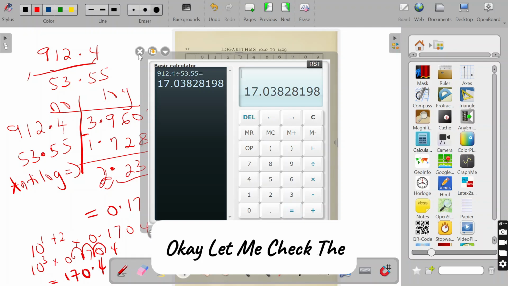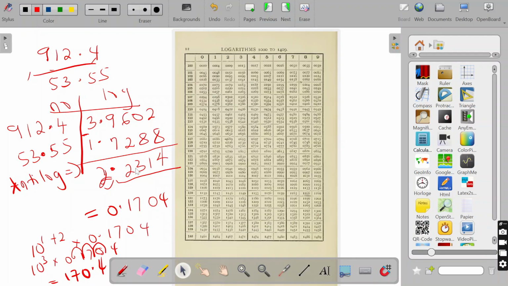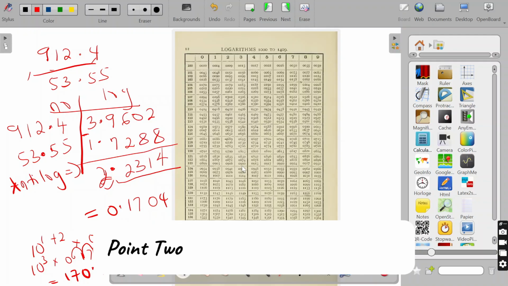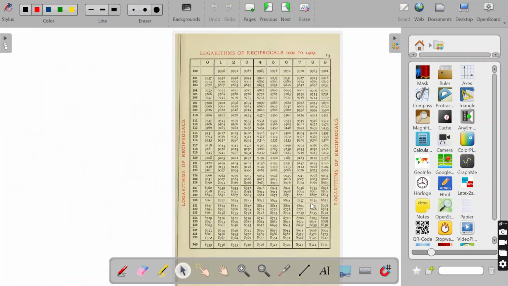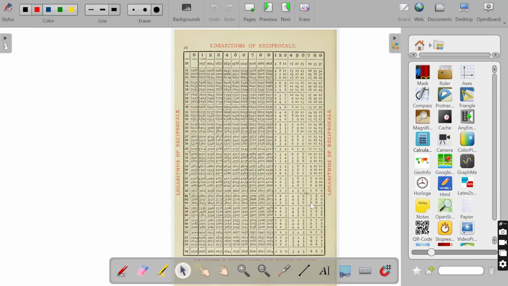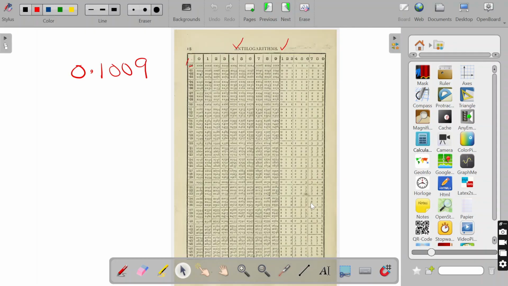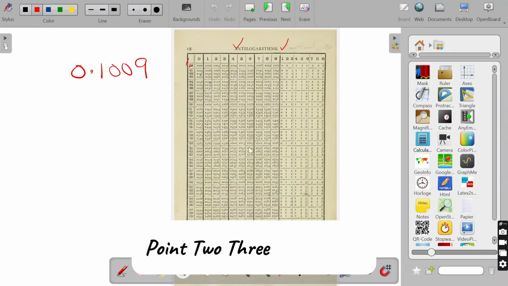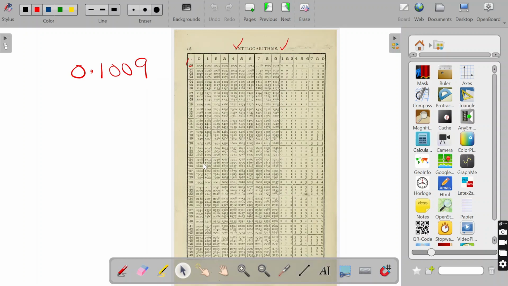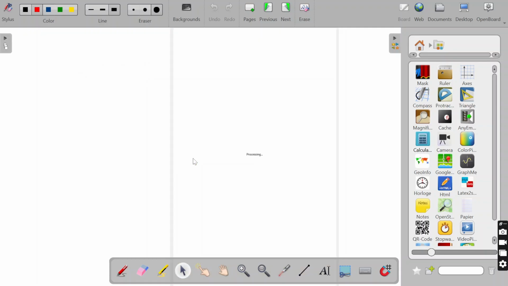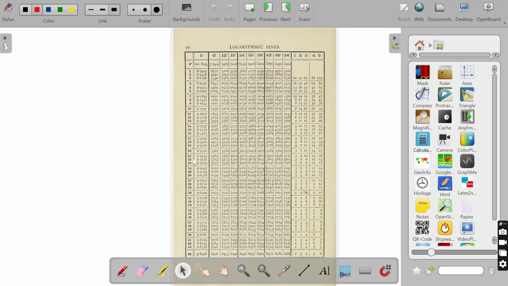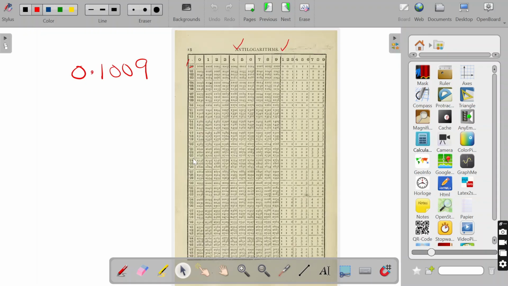Okay, let me check the 0.23 under 1, difference 4. Let's see.